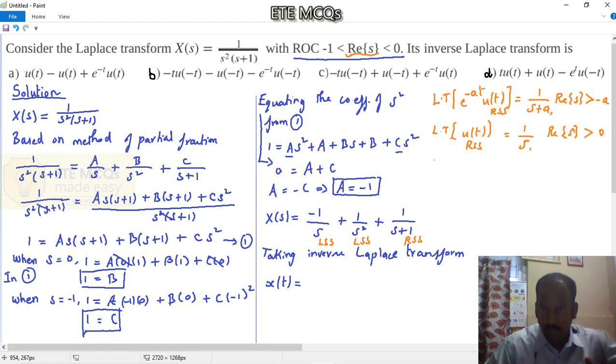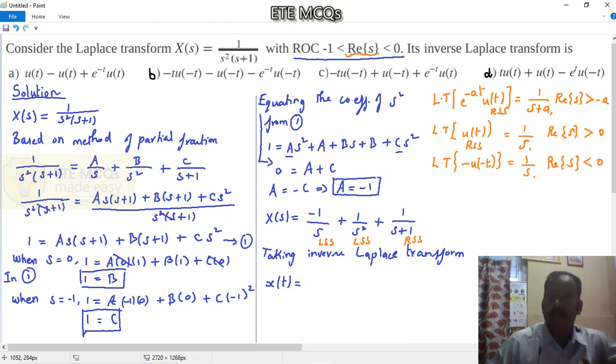The formula for the left-sided sequence is the Laplace transform of minus u of minus t, which is nothing but 1 by s, with real part of s less than 0. The importance of the region of convergence is that two different time domain sequences can have the same Laplace transformation.